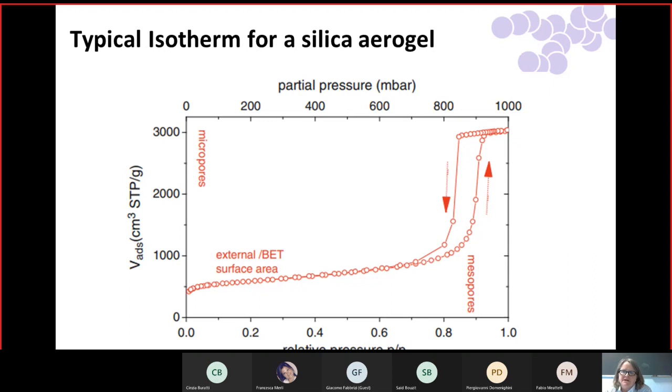These plots show the amount of nitrogen that comes in as a gas and gets adsorbed or desorbed. That's just a volume versus the partial pressure, relative to the saturation pressure. Each one of these points is a test.